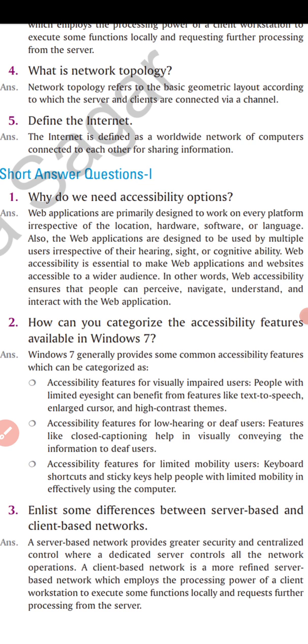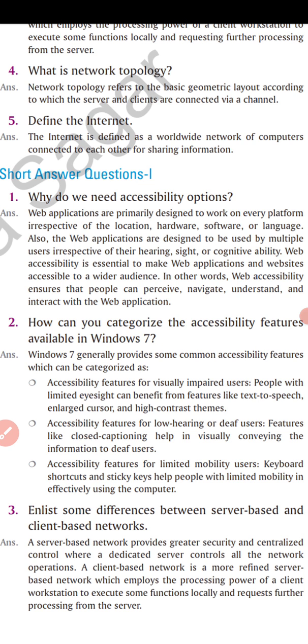You can also open it from a desktop computer, laptop computer, server, client, whatever computers you have, whatever hardware and software you have, you can access web applications on every platform. Okay dear students, the web applications are also designed to be used by multiple users, irrespective of their hearing, sight or cognitive ability.